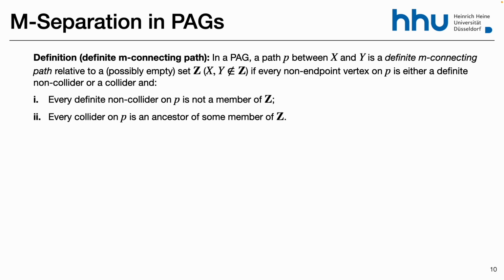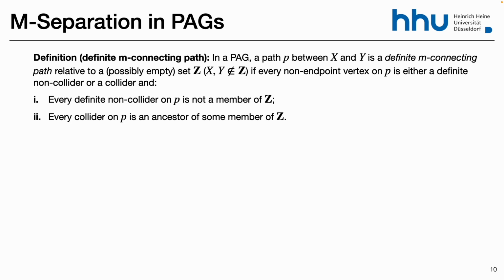So I'm defining M-connecting. If it's a collider, either the collider itself or any descendant of it is in Z. So every collider on a path is either the collider itself in Z, or another descendant of it is in Z. So the collider in the path is an ancestor of a variable that's in Z. It's a tricky way of defining it, but it's the same intuition that you had before.